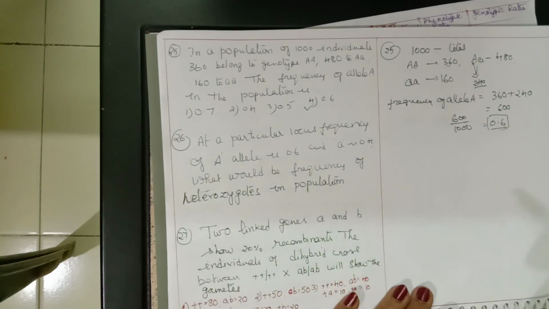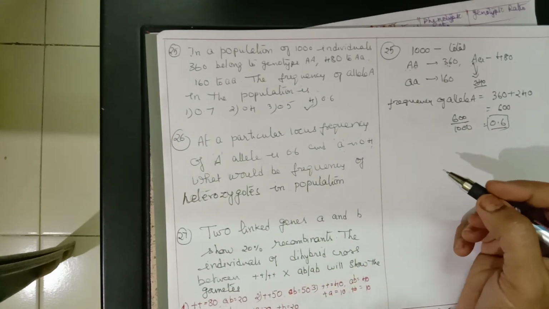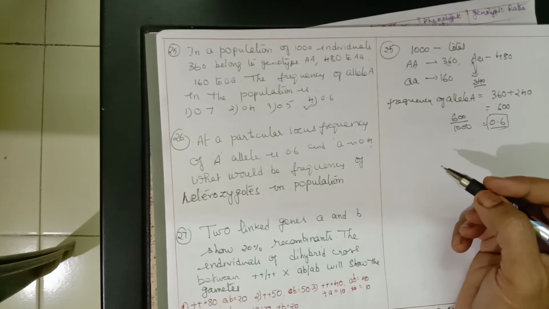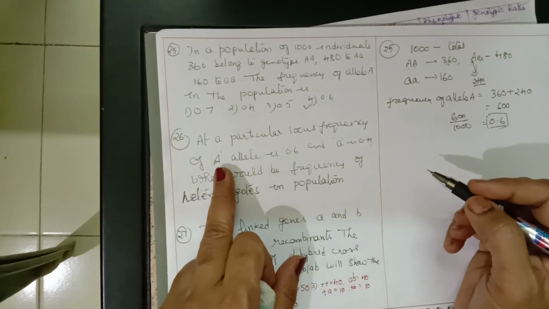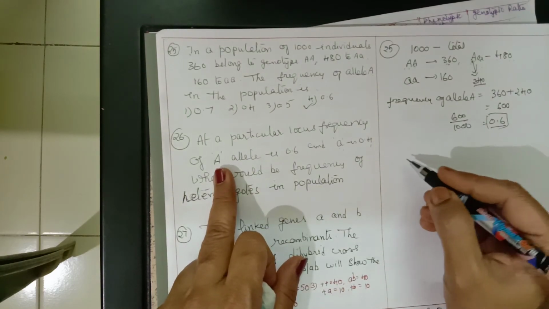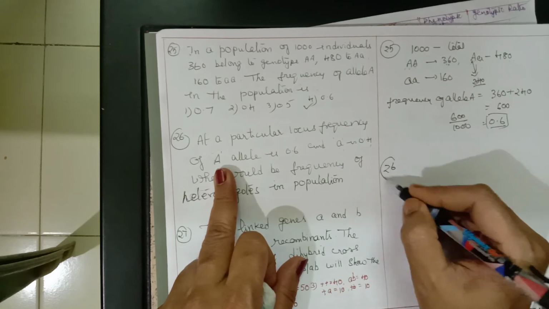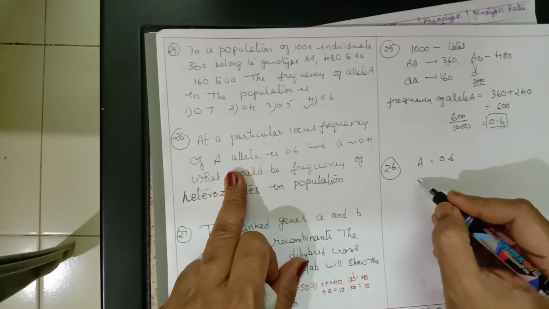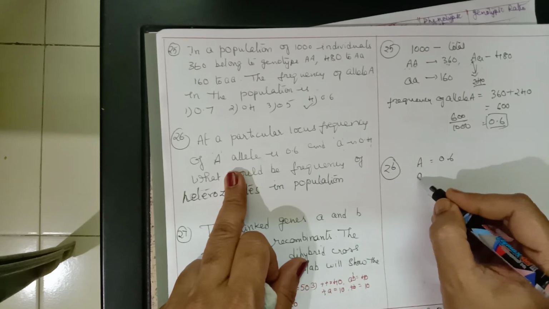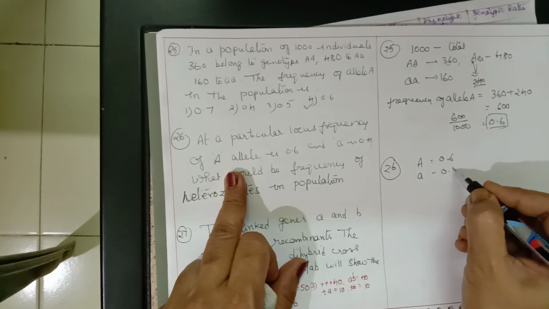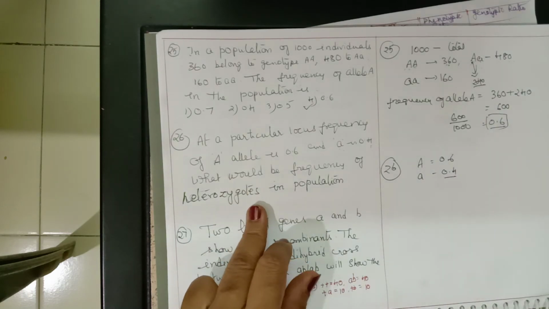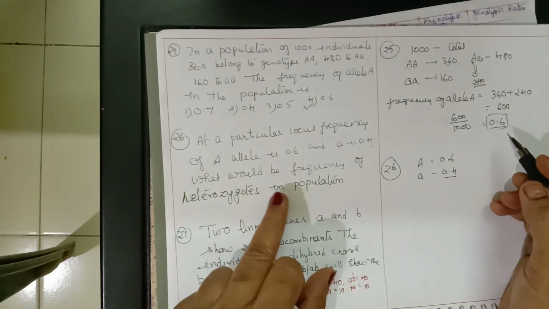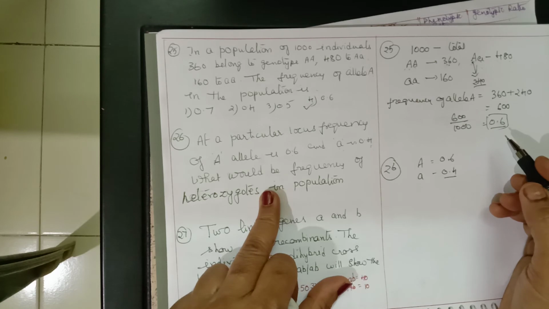In a heterozygous condition, the frequency of each allele is given, so we can calculate by this manner. What would be the frequency of heterozygotes in that population?